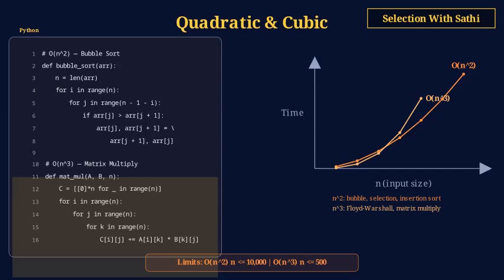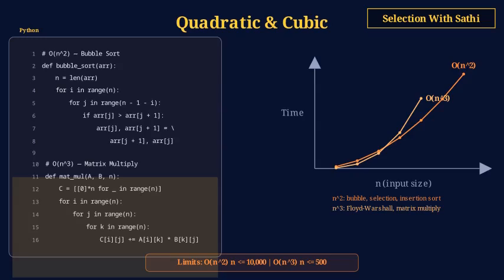O of n cubed appears in 3 nested loops. Look at the matrix multiplication code. 3 loops of size n each give n cubed operations. Floyd-Warshall's all pairs shortest path is another O of n cubed algorithm. Now for practical limits.